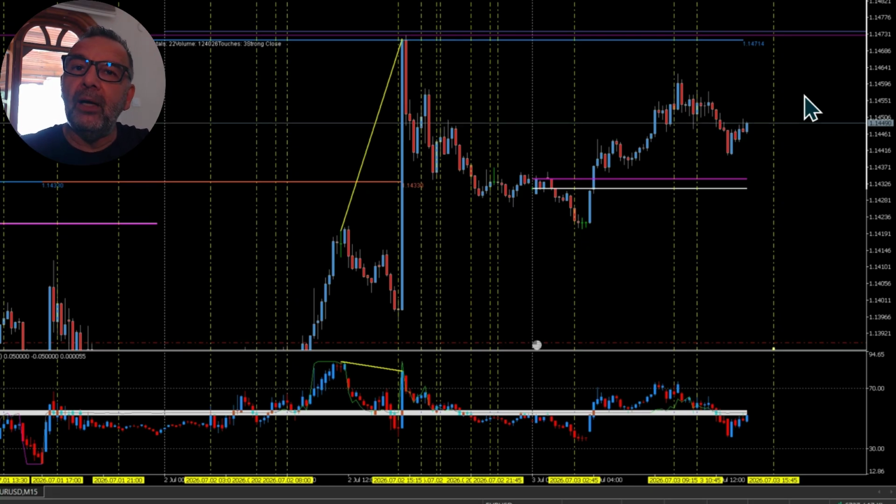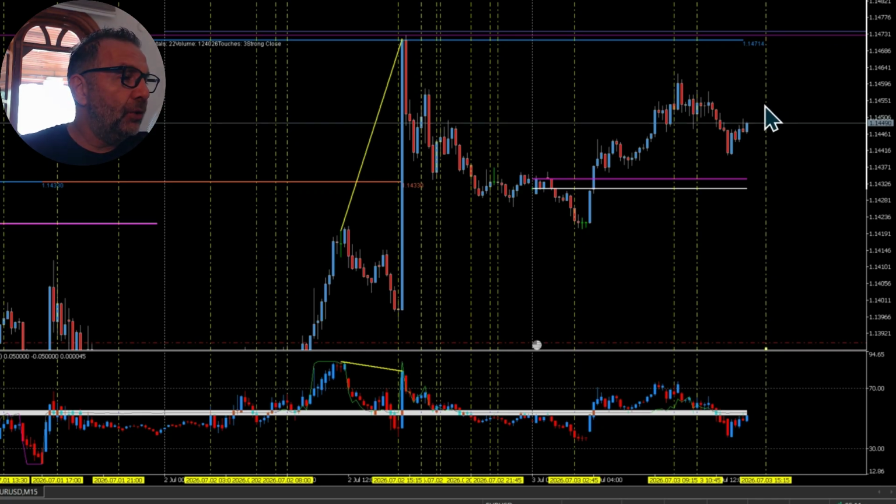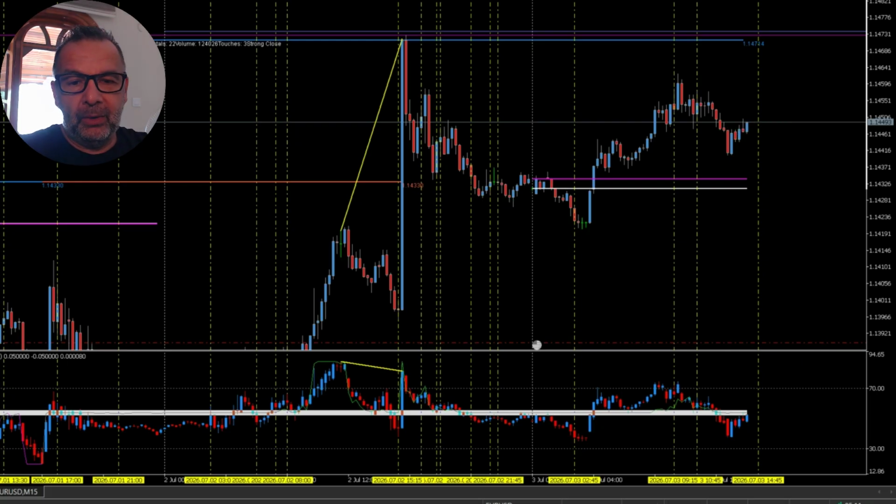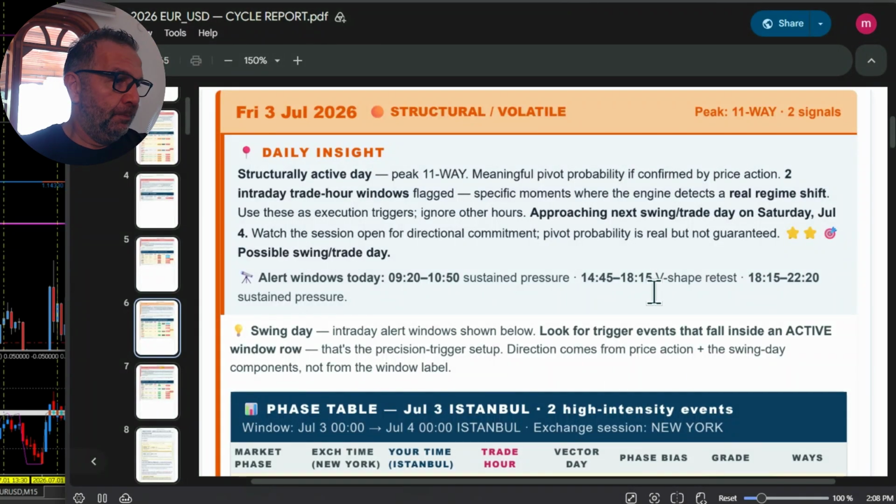So it's going to probably go sideways. And with New York being closed, logical. Okay, so 2:45 is that bar there. And we can just check it out afterwards to see how it goes. 6:15, and then 6:15 to 10:20.